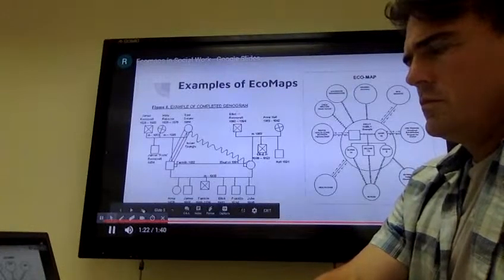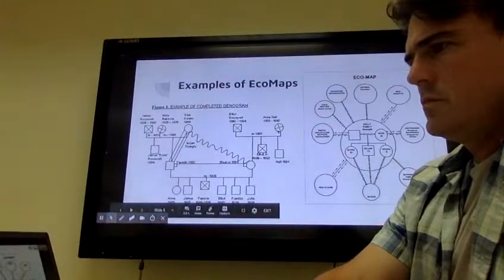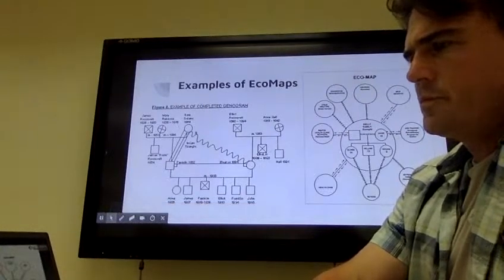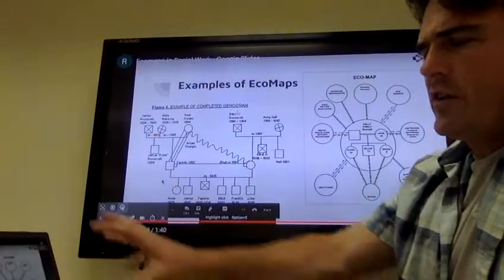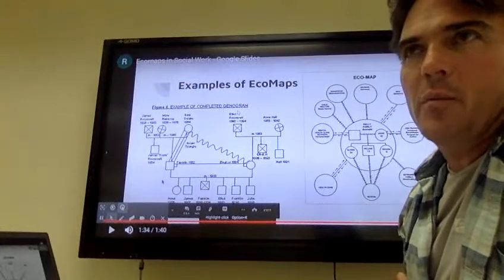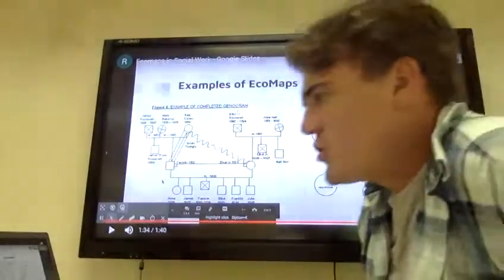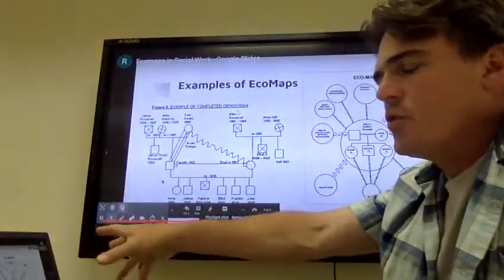And these are two examples of what an eco-map can look like. This one looks a little bit more like a genogram, but it also shows you the relationships between others like an eco-map does. And this is good as it shows the connectedness between eco maps and genograms, your first two major assignments. But showing places that you interact throughout the day and places you'll use.